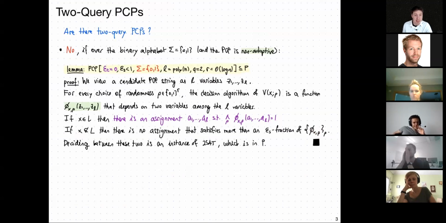And 2SAT has this threshold phenomenon where 3SAT is NP-complete, but for 2SAT there is even a linear time algorithm to solve it. So in this extremely special case of binary alphabet, two queries and perfect completeness, deciding whether there is a satisfying assignment or not is just an instance of 2SAT.